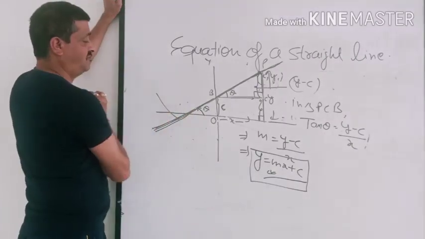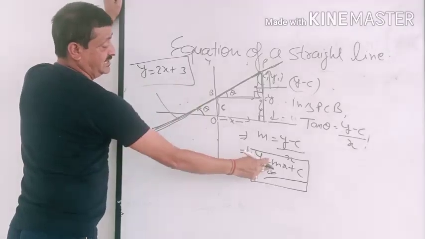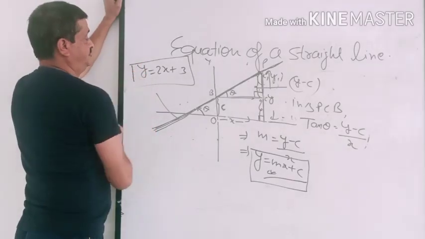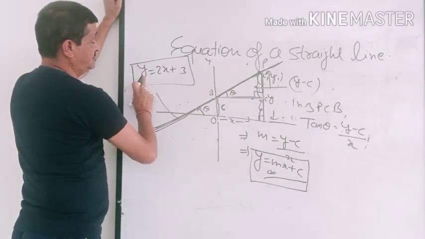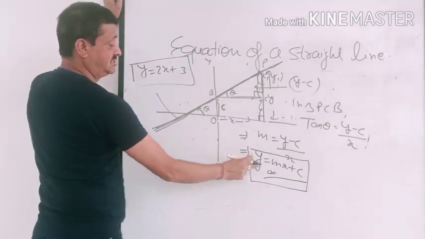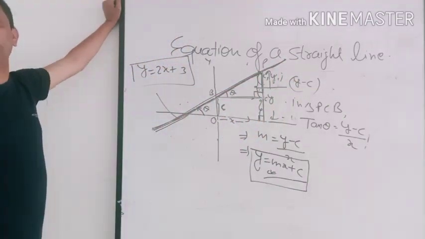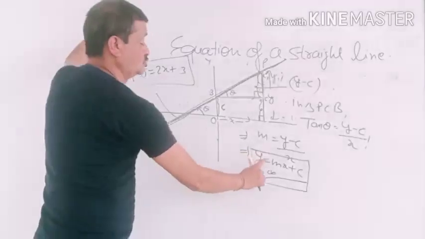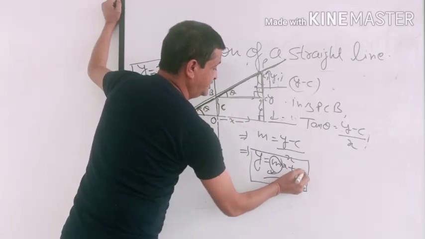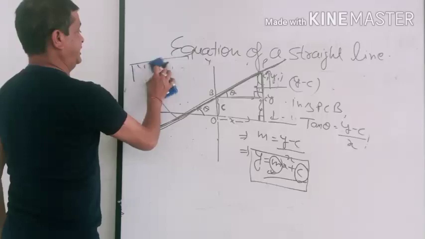If I say once again as an example, I write y is equal to 2x plus 3, where in place of m I have kept 2, in place of c I have kept 3. This means every point on this line will have a y coordinate equal to 2 times the x coordinate plus 3. So this is the relation between x and y coordinate. So this is the equation of a straight line in slope and y-intercept form. M is the slope, and c is the y-intercept made by the line. Clear? So this is one form of a line.